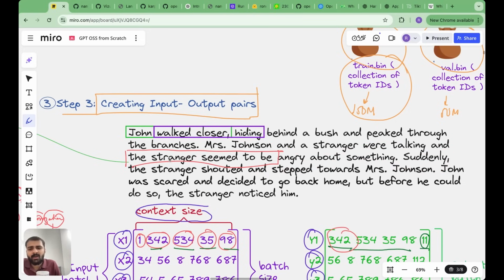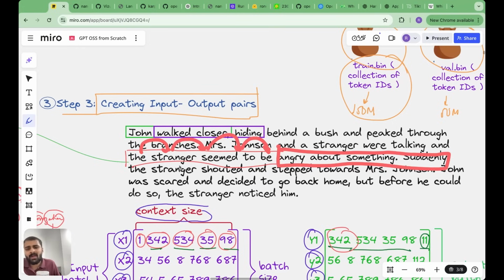I don't want an overlap between my second input sequence and my first input sequence because I'm already covering these words in the first input sequence. So my second input sequence should ideally be here. That's called stride. So to get my second input sequence, I skip a number of tokens equal to the context size. So that's stride, essentially taking those steps to get my next input.